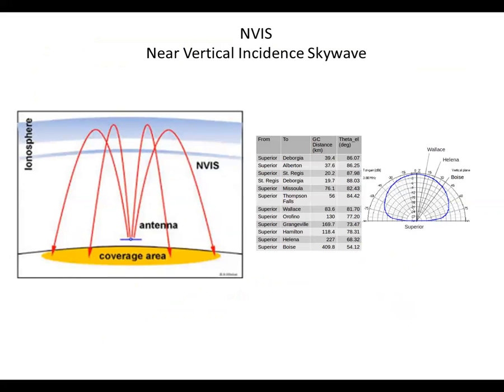Another key concept for propagation is NVIS, or near vertical incidence skywave. And what this is, it's a technique where you set up your antenna so that most of your signal, a lot of your signal goes almost straight up and then bounces back to the Earth.